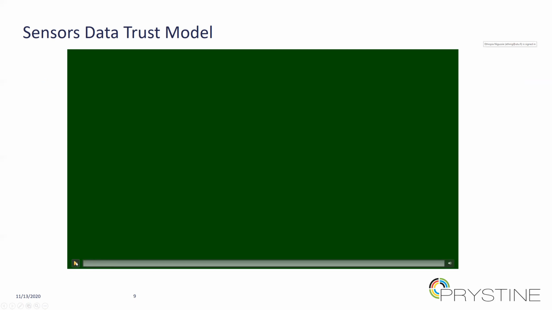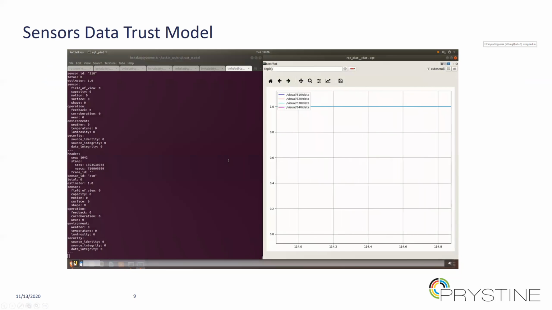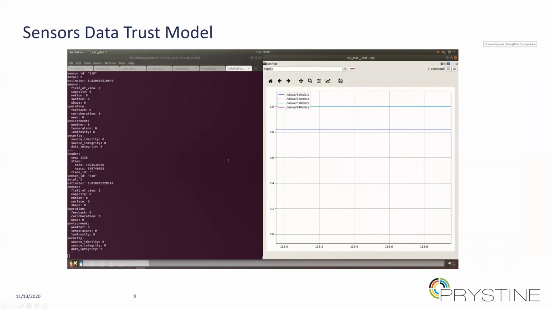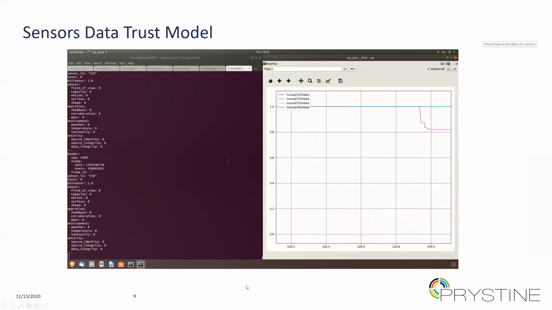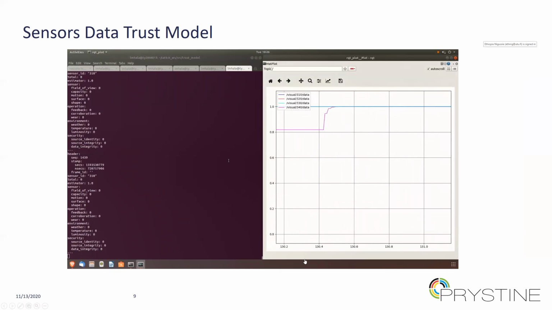So here we have a simulation of the trust model emulating the BugSense 9000 radars, with data collected from the BugSense radars that are installed on the heavy-duty truck. Motion tracking, field of view, and object count are evaluated from the radar data.